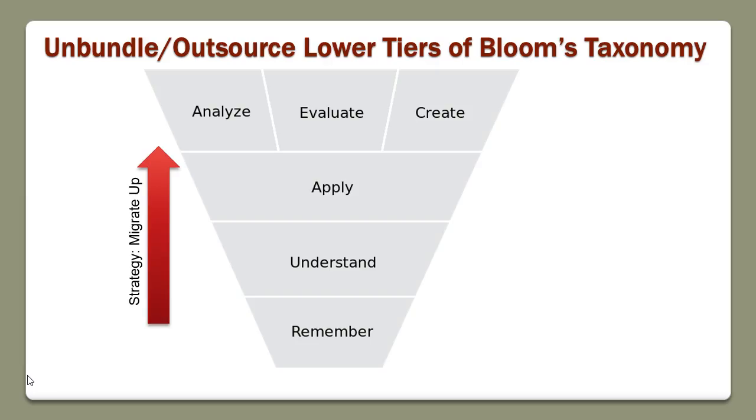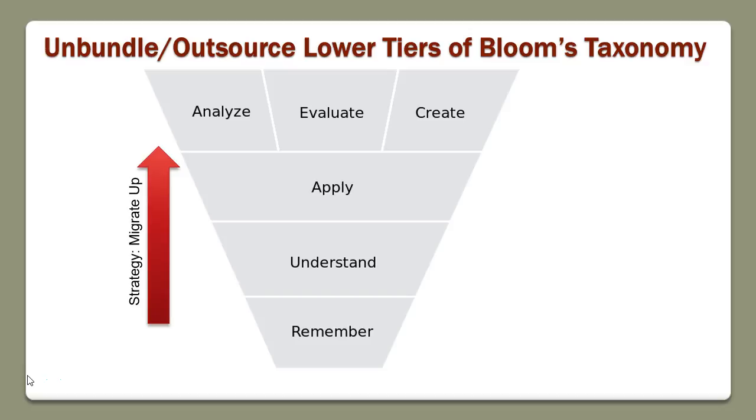The last thing I want to talk about is, if you're looking at unbundling and outsourcing, what sort of strategy do you use? Again, this is not a disruptive approach. This is more an incremental approach. But one thing you can do is, if freshman and sophomore years are getting commoditized, you can start to move higher up in Bloom's taxonomy.